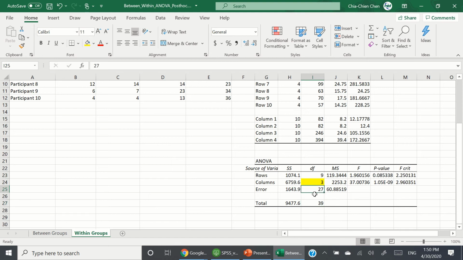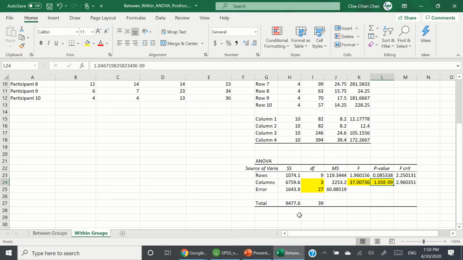The second thing is the degrees of freedom of the error. And then you want to look at the F value for the column, and the P value for the column. Okay, so these are the numbers that you need to know.